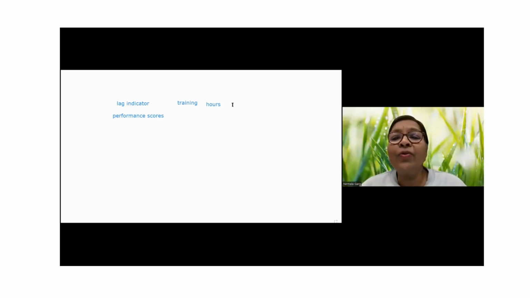Now we can also look at if an employee is absent, leaves. So we can also look at leaves. Do they have any correlation with the performance? Do they impact performance? We can also look at that, right?